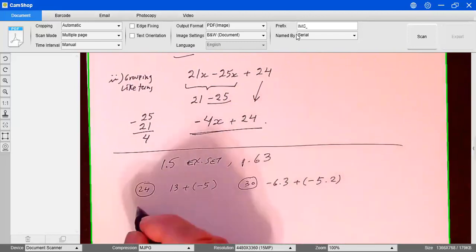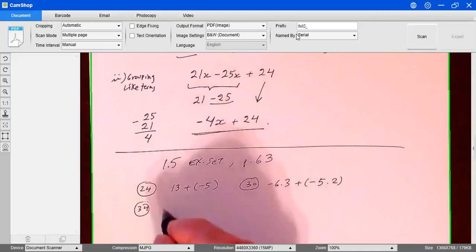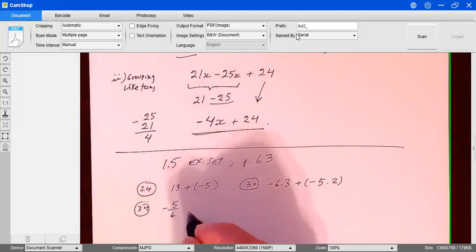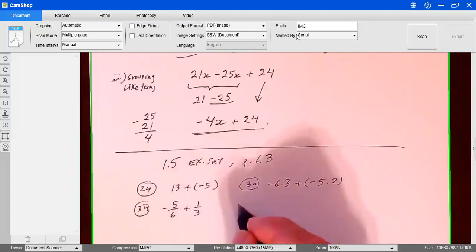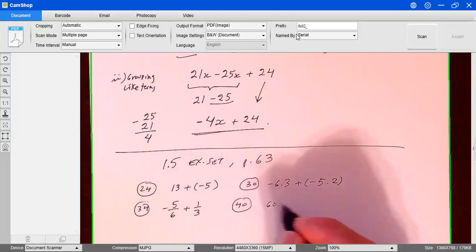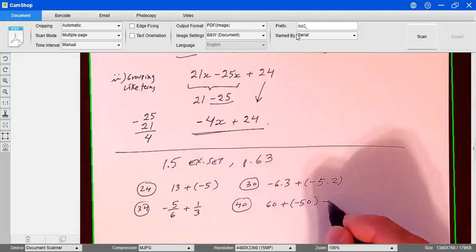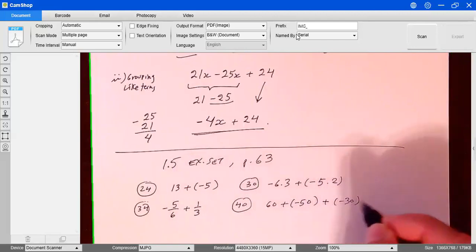Then we have 34, which is just -5/6 plus 1/3. Then we have problem 40, 60 plus -50 plus -30 plus 25.